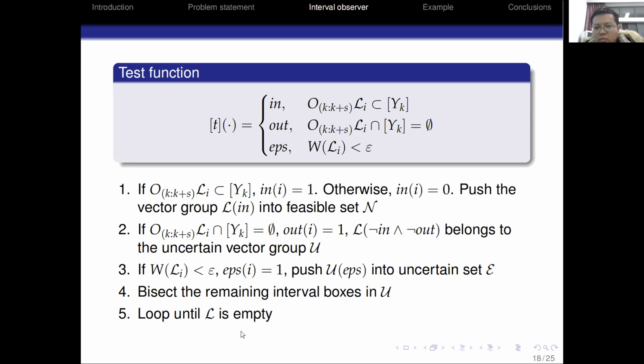We determine one and we put it into different sets, that includes N and U.